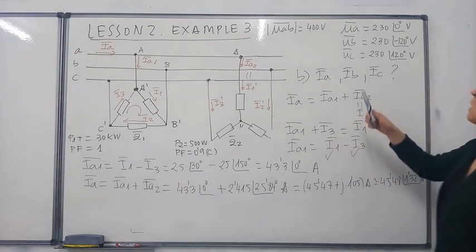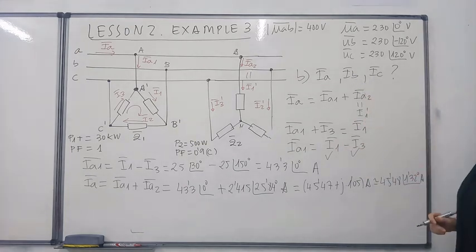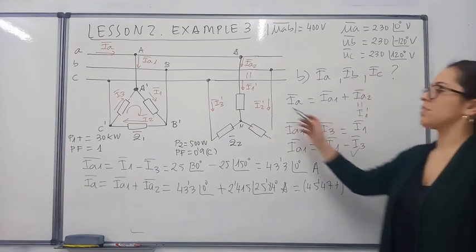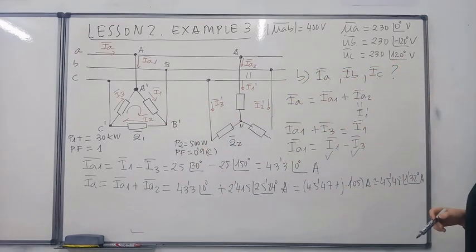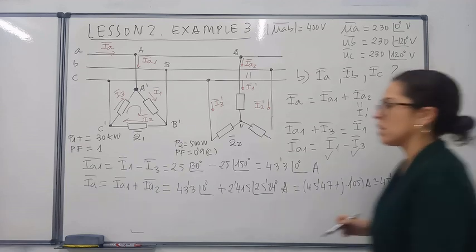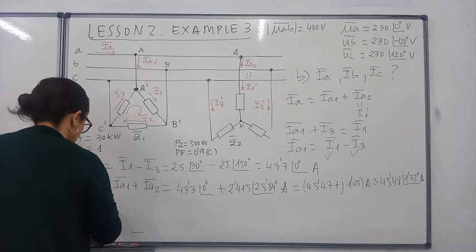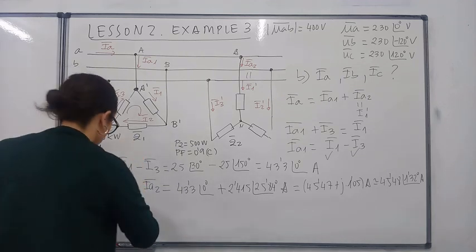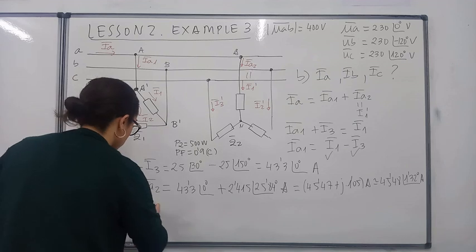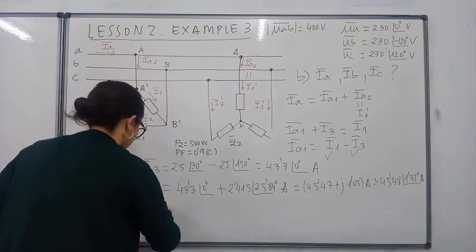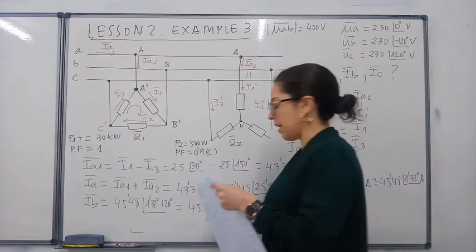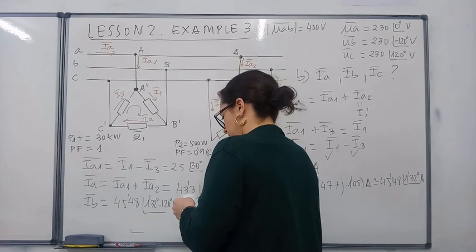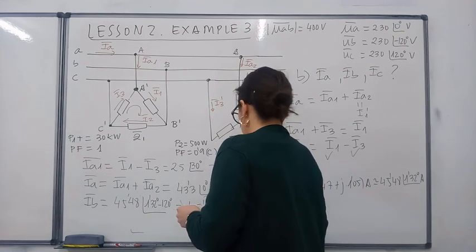How could we calculate line currents B and C? Well, it is easy. We all know that the three line currents, if the system is a balanced load, as we have in this case, are shifted by an angle of 120 degrees. So what would be IB? IB is going to have the same absolute value, and here 1.32 minus 120 degrees gives 45.48 at minus 118.68 amps.